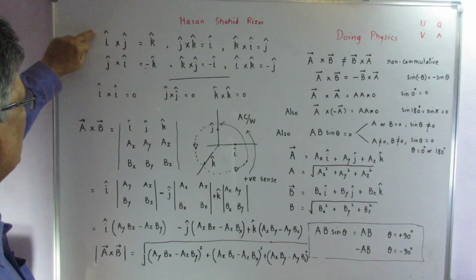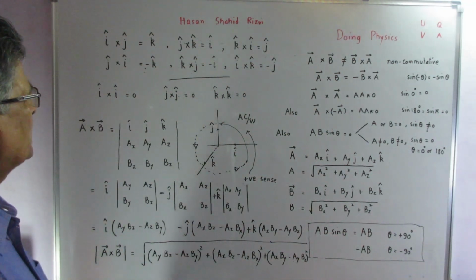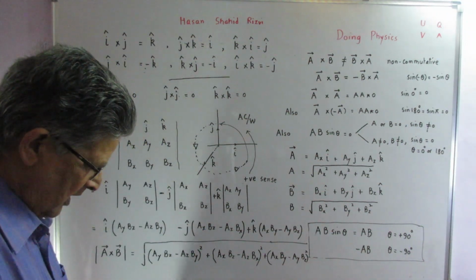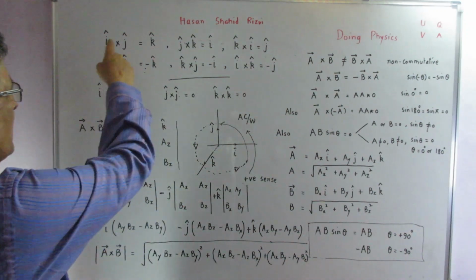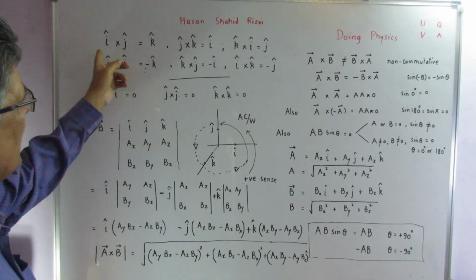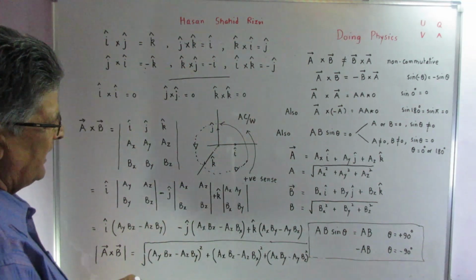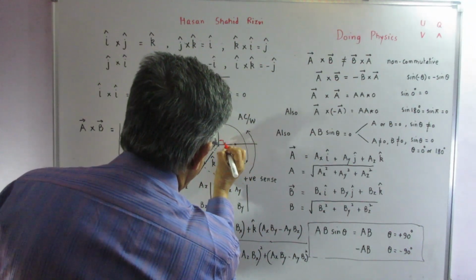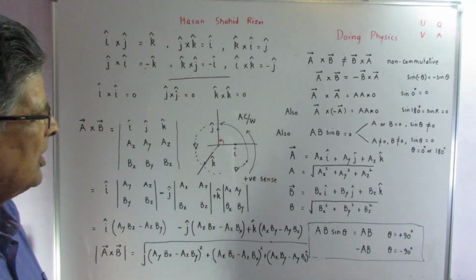Now I give you the results for what happens to i cross j. The magnitude will be equal to the magnitude of i, times the magnitude of j, multiplied by the sine of the angle between i and j. In this situation, the angle between i and j is 90 degrees, and therefore the sine of 90 degrees is equal to 1.